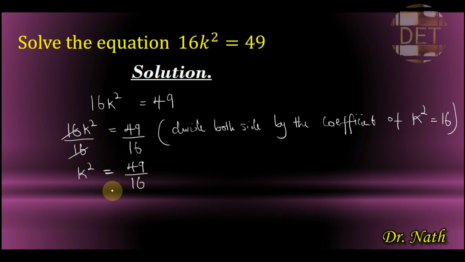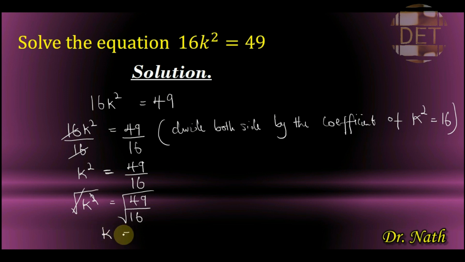Having done this, the next thing I will do is to look for the square root of both sides of the equation to make this k stand alone. So this is the square root of k squared is equal to the square root of 49 all over 16. Whatever you do to this side of the equation, you also do to this side of the equation. So this square will cancel this square root, and that will make my k stand alone.